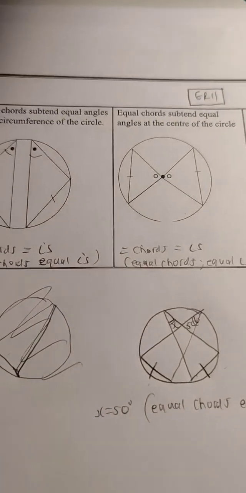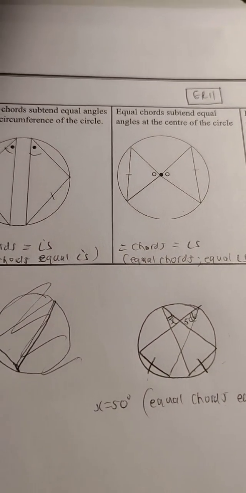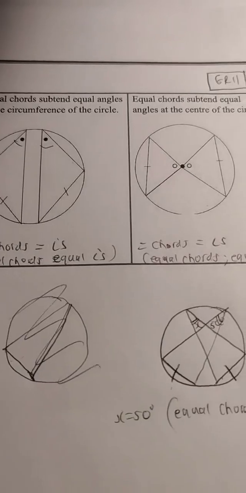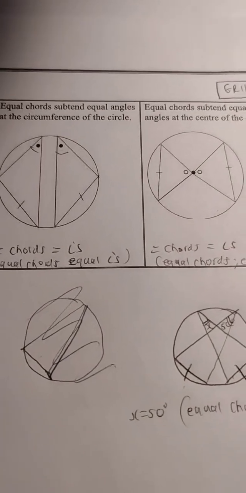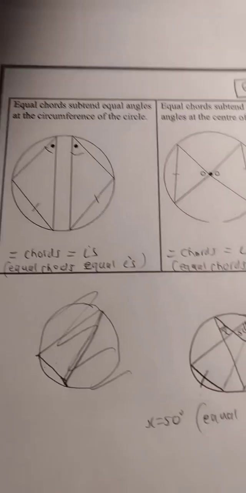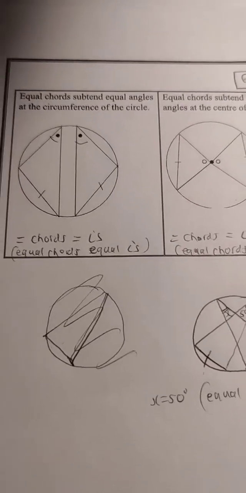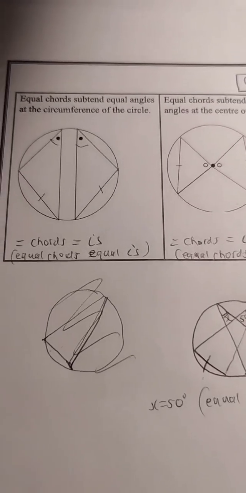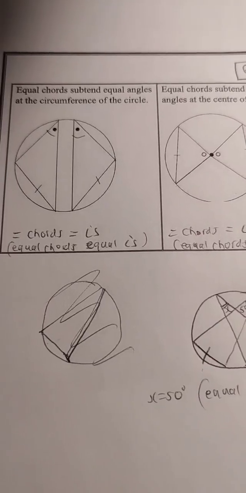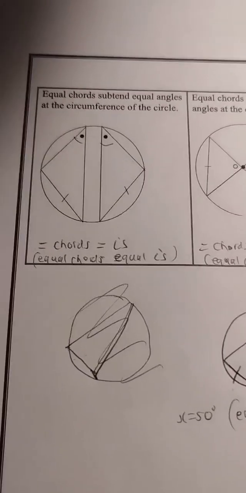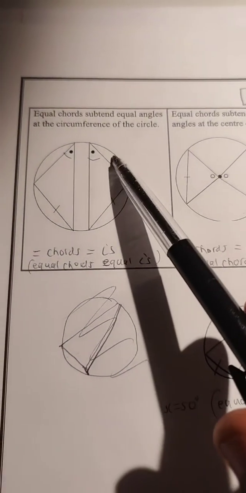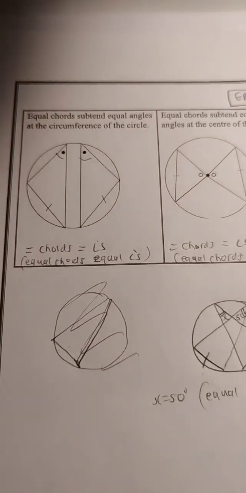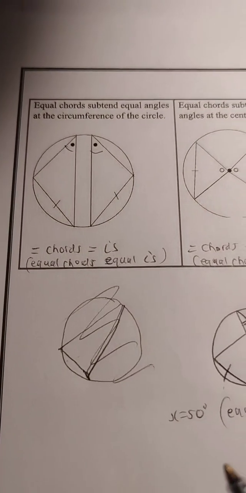A corollary is a proposition, a theorem or statement that follows directly and easily from an already proven theorem, and it requires little or no additional proof. So I don't need to prove this.